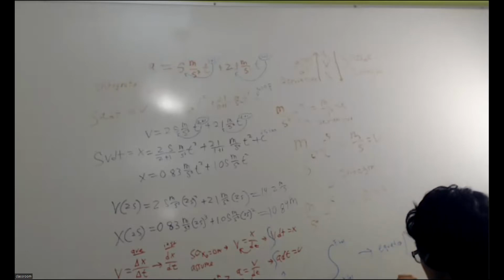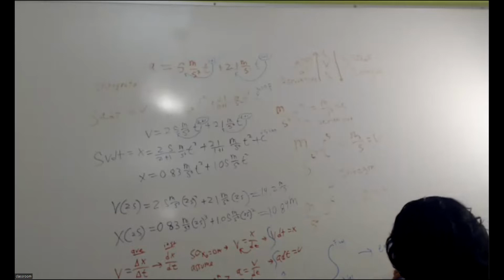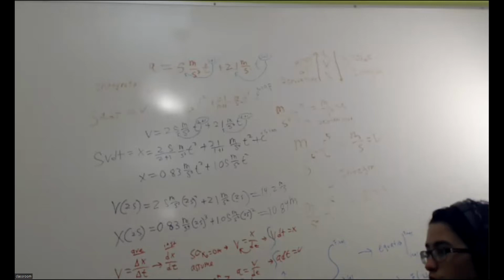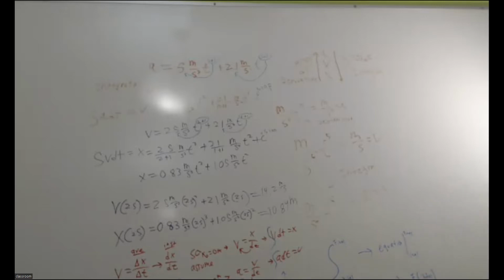Then you do f at final minus f at initial. And that's how you handle the integral if you have multiple variables.